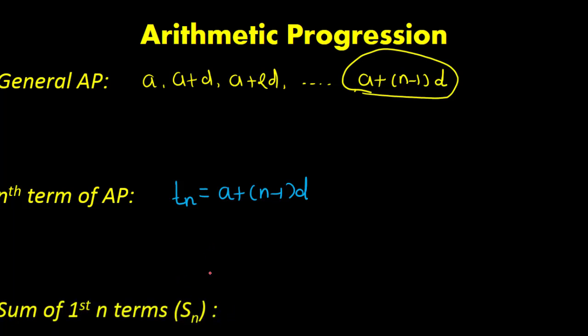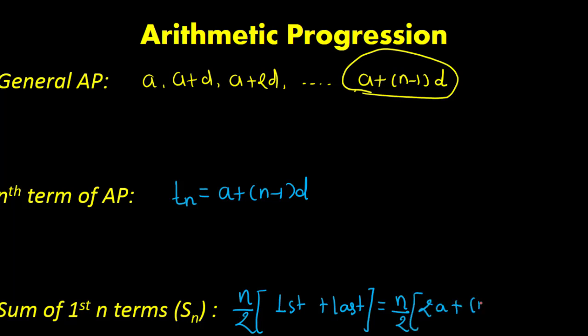You have already studied this, it is equal to n by 2 times first term plus last term. If you substitute these values, you will get n by 2 times 2a plus n minus 1 d. So this is the formula for the sum of the first n terms of an AP.